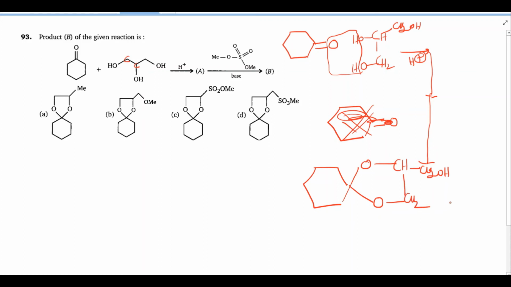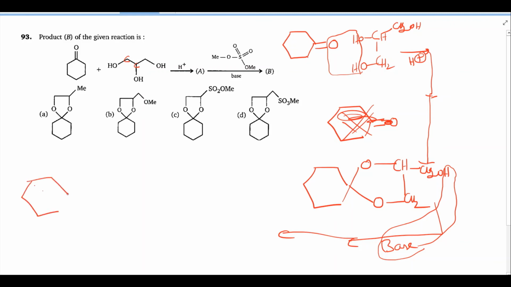Understand? After that, you can see here there will be a base. This is treated with base. The base abstracts this acidic hydrogen. Then you are going to get, so this is the cyclohexane ring.